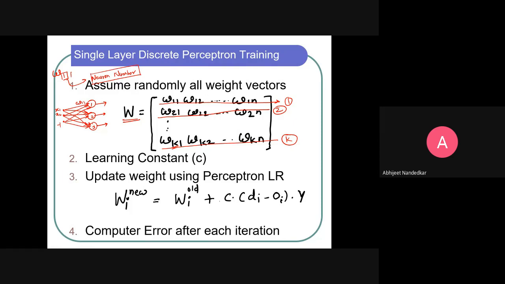The first position is the neuron number, to which neuron this weight is associated, and the second position is from where it is coming. So this is coming from position 1 of the previous layer or from the input side. So this weight is 1, 1.